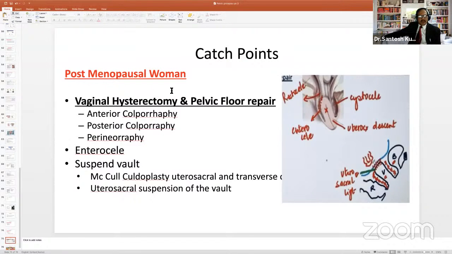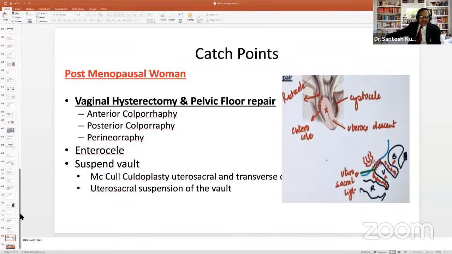In a postmenopausal female, we can do vaginal hysterectomy, anterior colporrhaphy, posterior colporrhaphy, perineorrhaphy, repair of enterocele, and suspend the vault with the uterosacral or transverse cervical ligament. So here, in most of the cases, ligament and bony landmarks are most important, along with identifying whether it is a prolapse of the anterior compartment, the posterior compartment, or the central compartment.